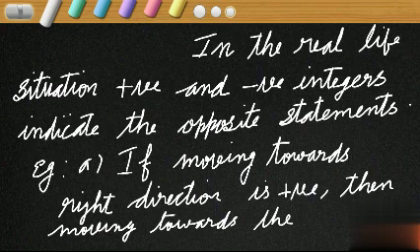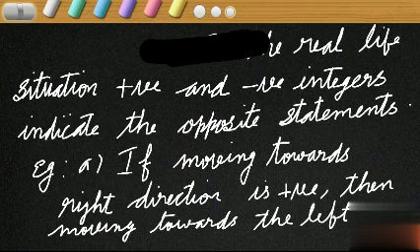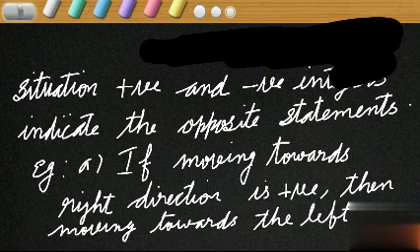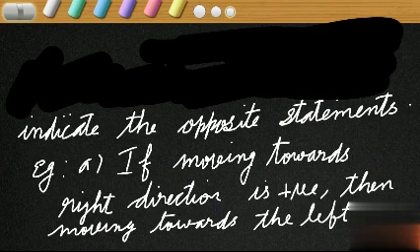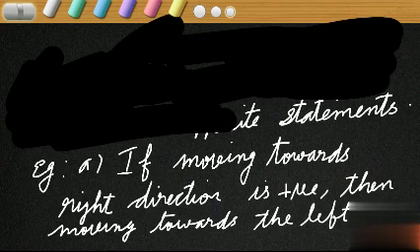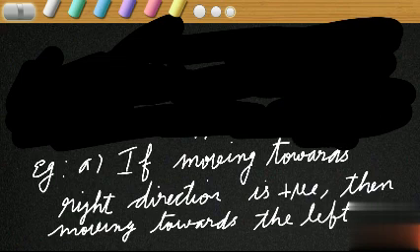Yes, moving towards the left direction is negative. Okay, write down neatly.